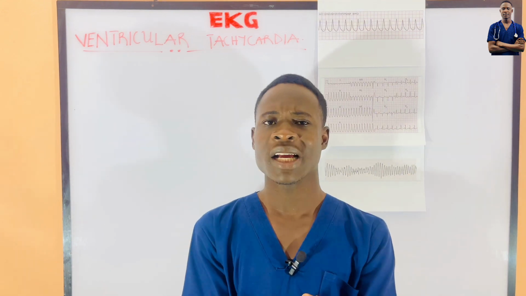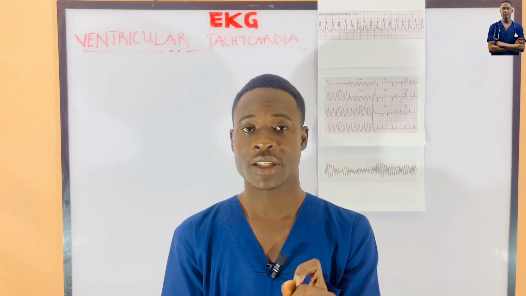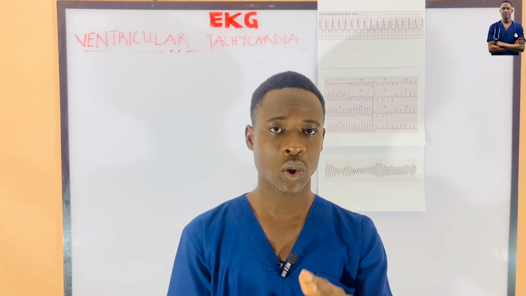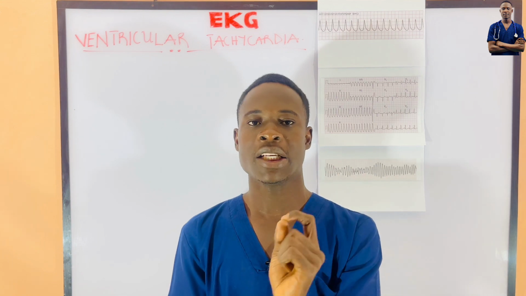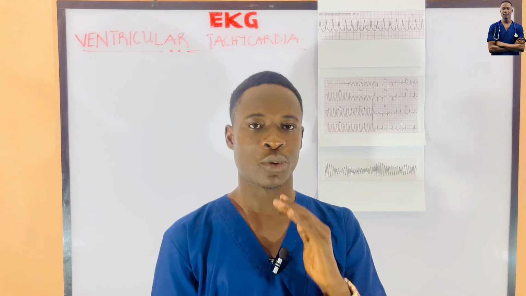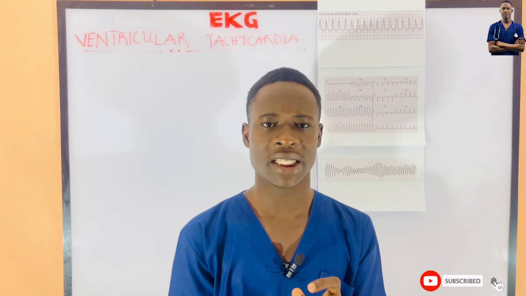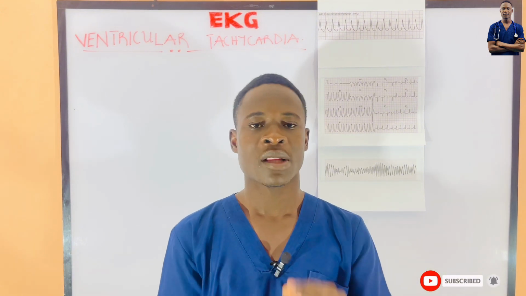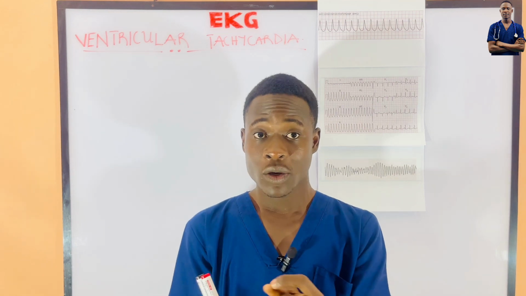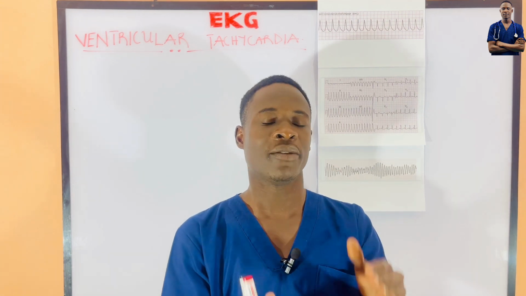Now, what are the causes of this ventricular tachycardia, VTAC in short? VTAC can be caused by various factors, and some of these include abnormality in the electrolytes, or electrolyte imbalance. When we have low levels of potassium and low levels of magnesium, these are the most common electrolytes that can lead to VTAC. Aside from that, patients that use digoxin are prone to getting VTAC.